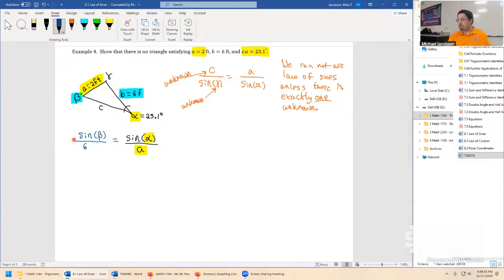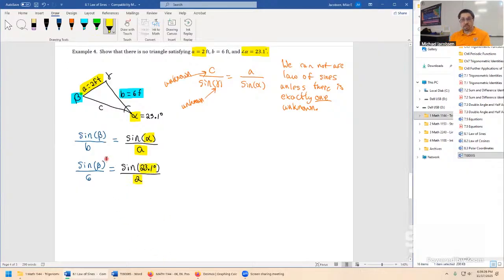So after plugging this information in, actually, let me back off just 1 step here and call this B, and then just plug in all 3 values at once, so it doesn't seem like we're doing half the problem on one line and then the next. So this is the law of sines where it can be used, just 1 unknown right on beta. Plugging in the information, we have sine beta over 6 equals sine 23.1 degrees divided by 2 feet.